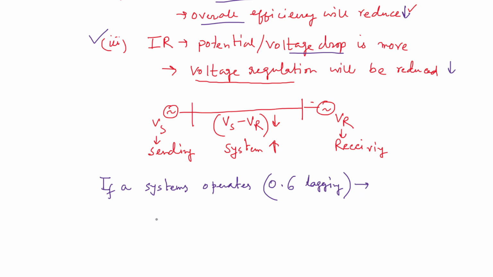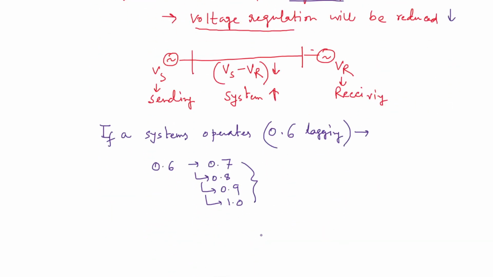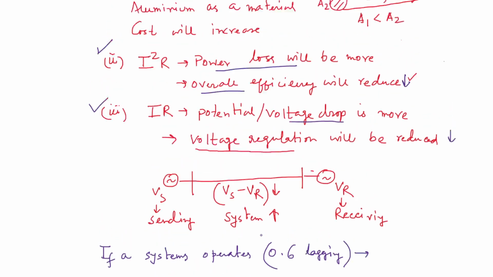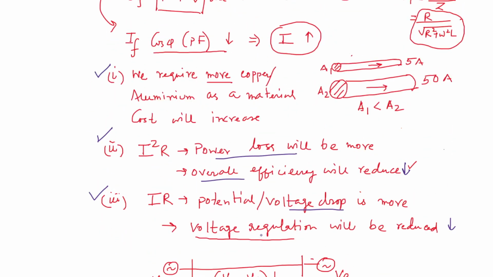So we can try to bring this 0.6 power factor to 0.7 or maybe 0.8 or 0.9 or maximum to unity.